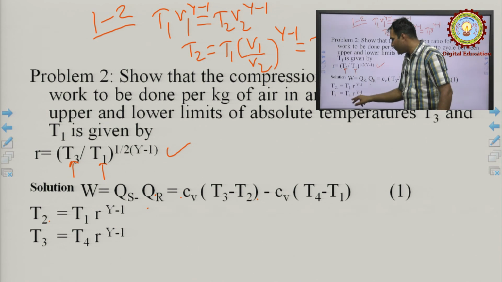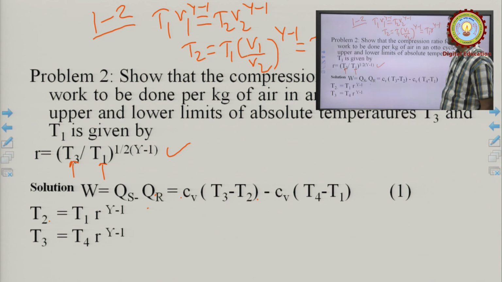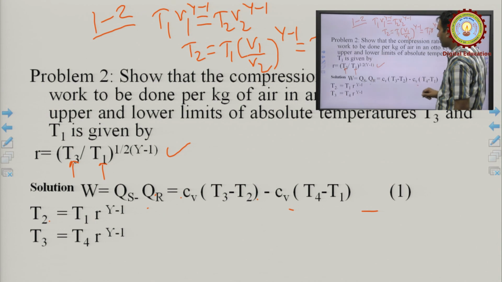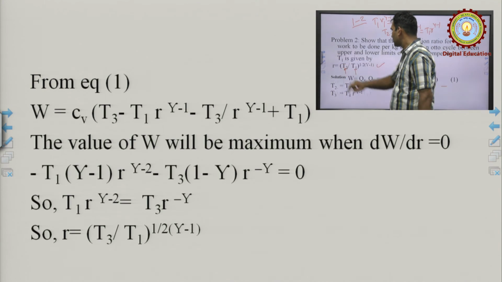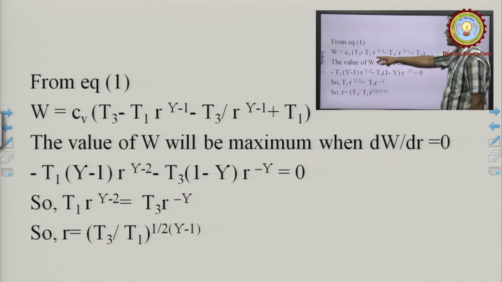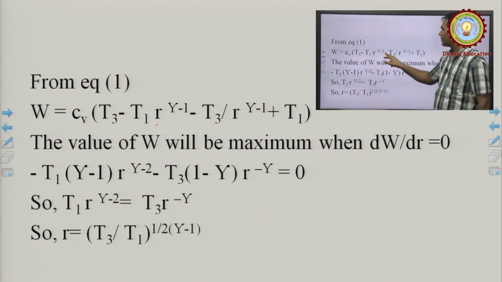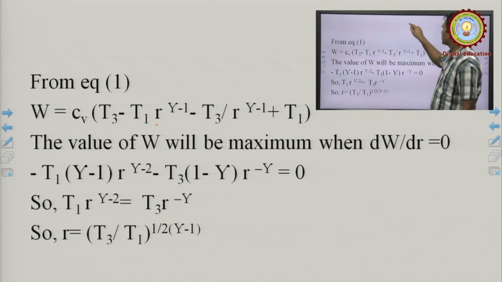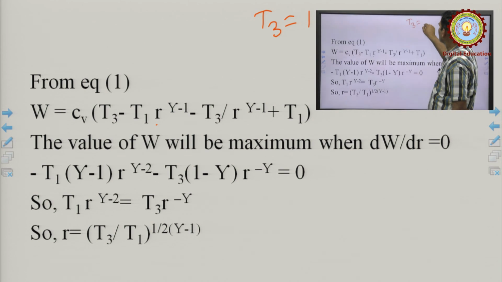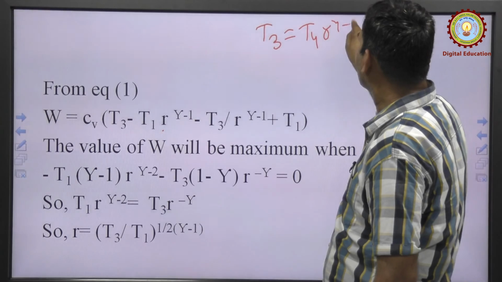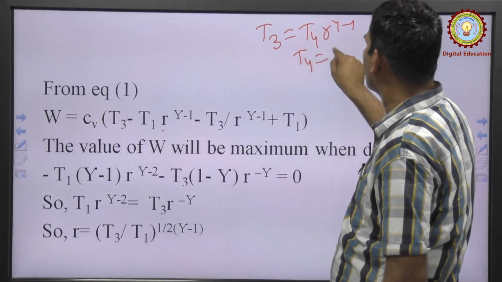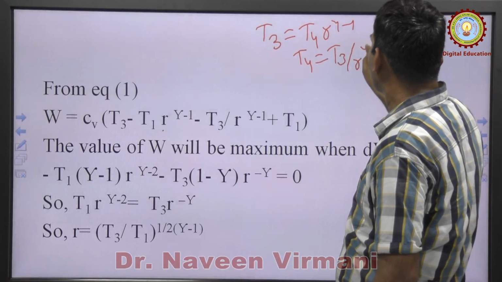Similarly, T3 by T4 is equal to R^(gamma minus 1). So, we have the work done equation, which is equation number 1. Putting the values of T2 and T4 in this relation, we get Cv (T3 minus T1 R^(gamma minus 1)) minus Cv (T4 minus T1). Since T3 by T4 is equal to R^(gamma minus 1), T4 is equal to T3 by R^(gamma minus 1).